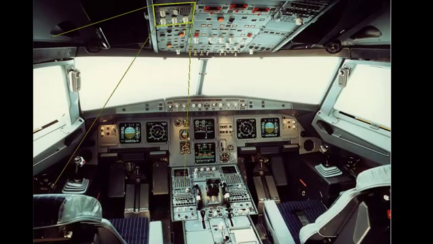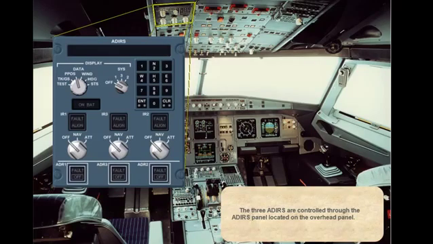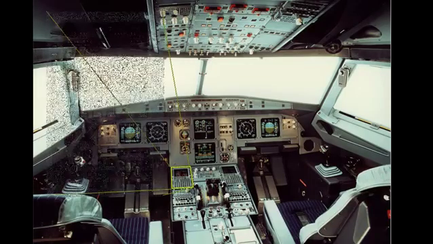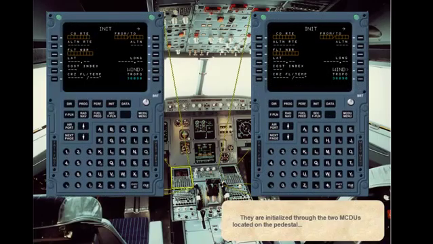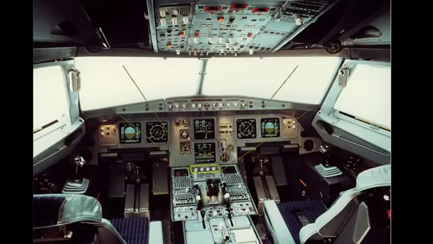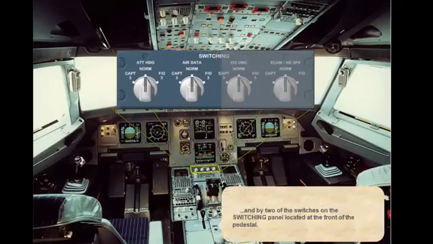The 3 ADIRUs are controlled through the ADIRS panel, located on the overhead panel. They are initialized through the 2 MCDUs located on the pedestal and by 2 of the switches on the switching panel located at the front of the pedestal.